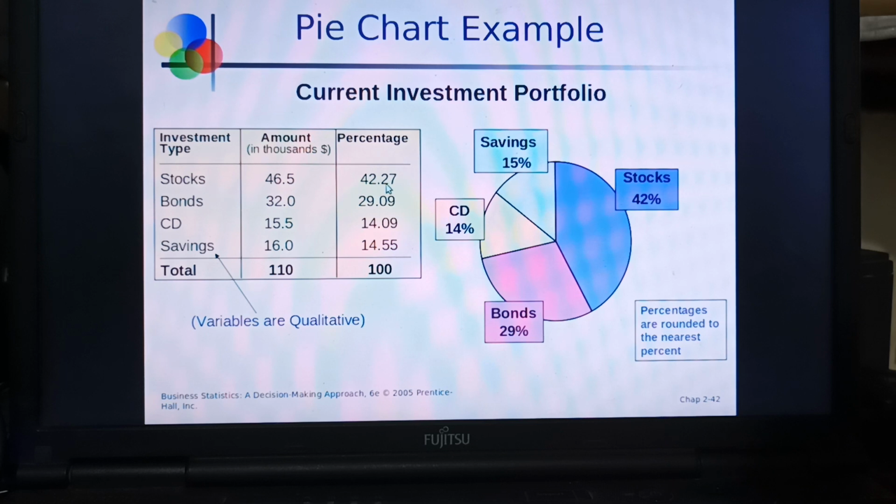This is 42.27 here. Stocks is only 42, rounded up. And the pie chart looks pretty to the eye compared to this, right? Percentages are rounded to the nearest percent.